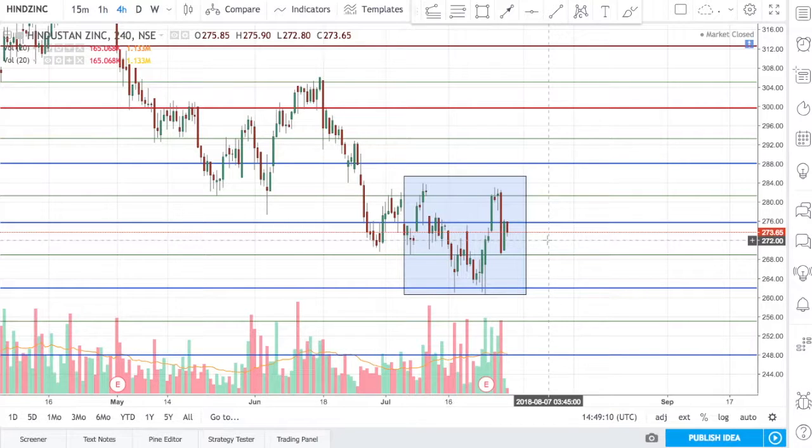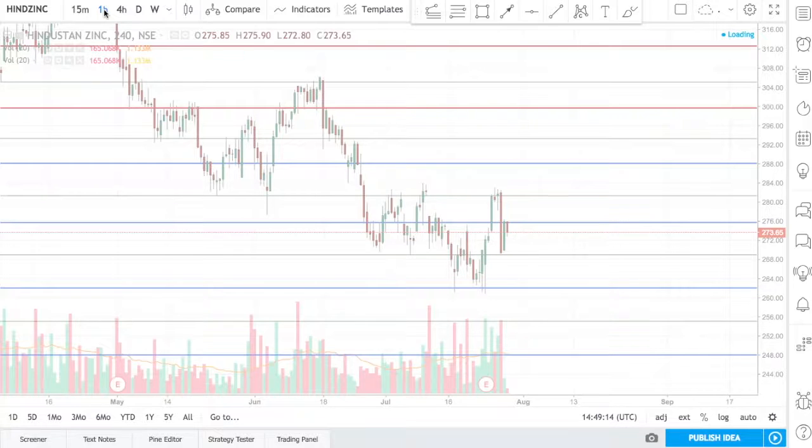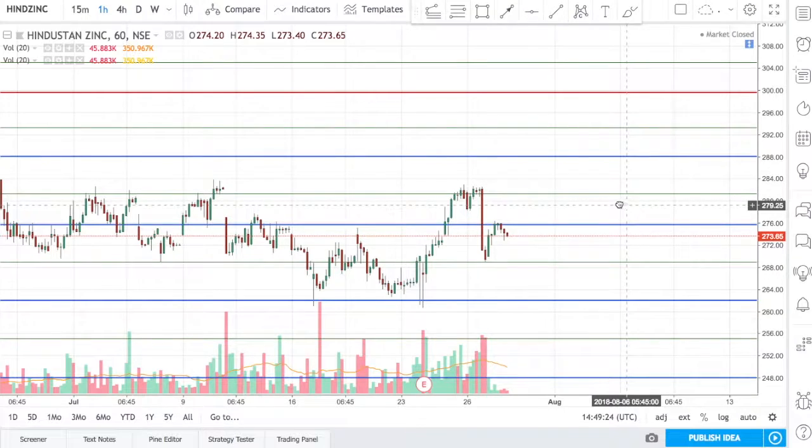Now let me switch to a 1 hour chart so that you could get a better picture of the opportunity right in front of us. This is a 1 hour chart on Hindustan Zinc.